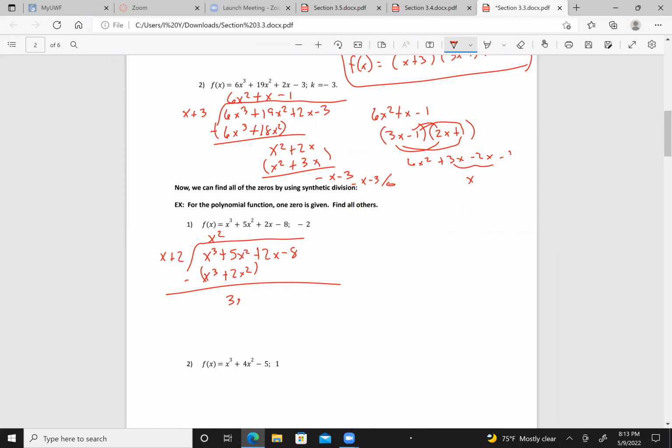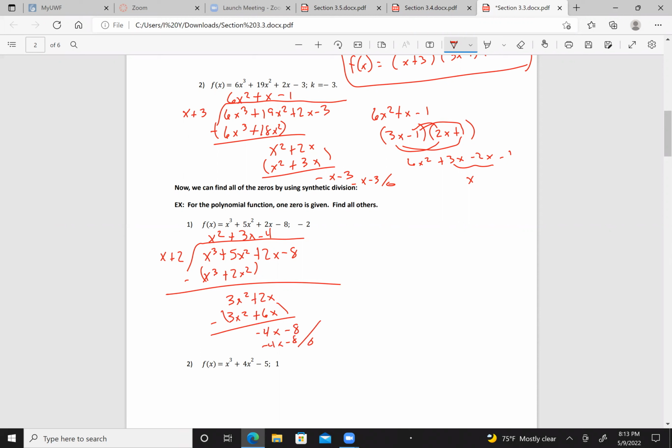Subtracting, I have 3x squared plus 2x. So I have plus 3x, which gives me 3x squared plus 6x. Subtracting gives me negative 4x minus 8, and then negative 4x minus 8, which is 0.